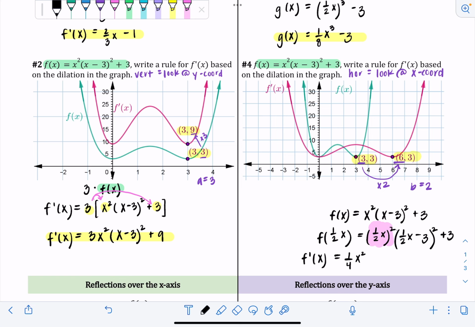I just don't need the parentheses anymore because I've already squared the 1/2. And then the rest of the function just comes down. So parentheses 1/2 x minus 3 squared and then plus 3. So f prime of x equals 1/4 x squared times 1/2 x minus 3 squared plus 3.